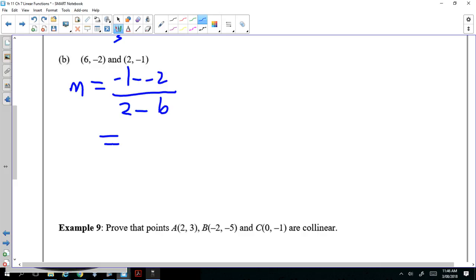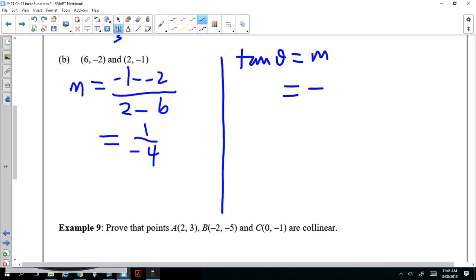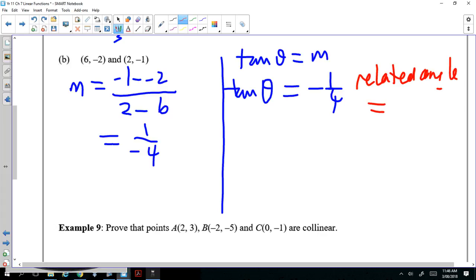When it is negative, you have to find the related angle. Remember from trigonometry, you can't just go shift tan of this. The related angle is tan inverse of 1/4. Use your calculator: shift tan 1 divided by 4, to the nearest degree, 14 degrees.